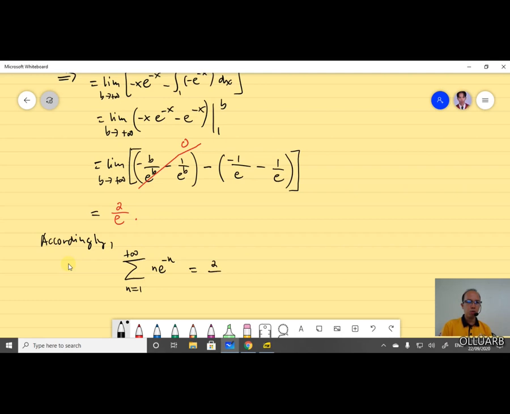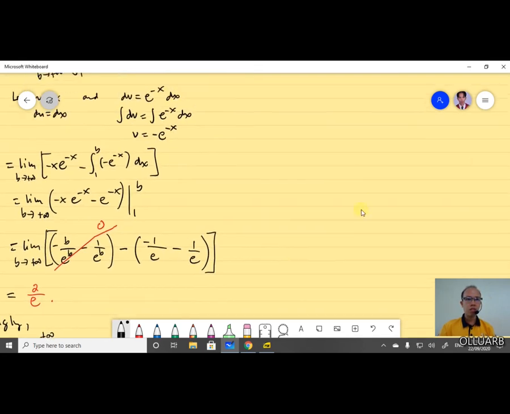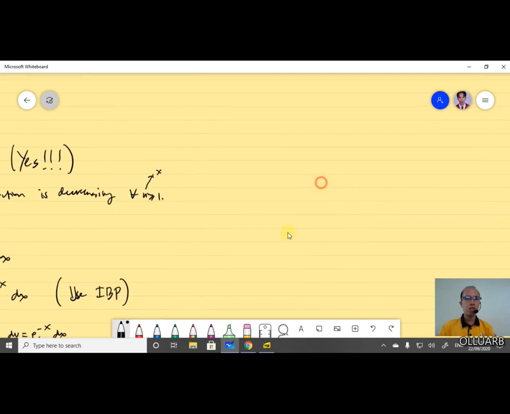This is 2 over e, and we are done. The series is divergent because the integral of the function f of x evaluated from 1 to infinity is convergent. That's for our second example.